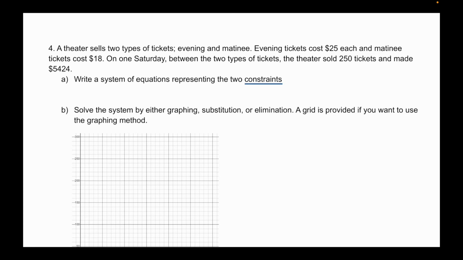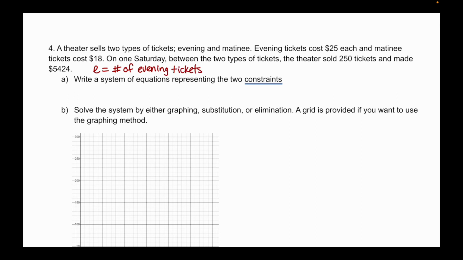So let's write 2 different equations. Let's write an equation based on the number of tickets first. So I know the cost of each. I'm actually going to define my variables here first. I'm going to say that E is number of evening tickets.